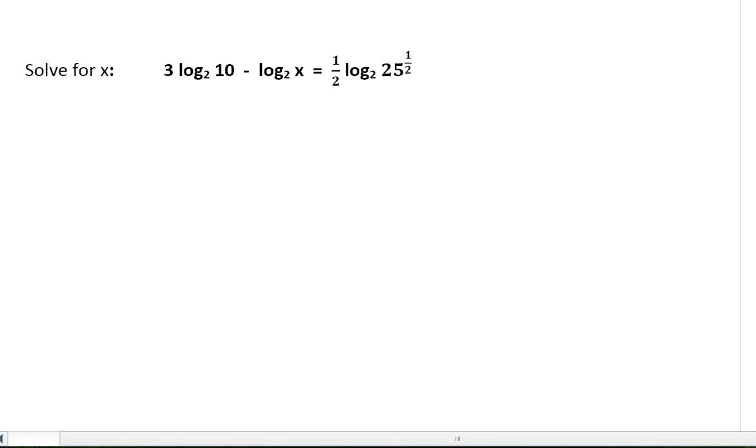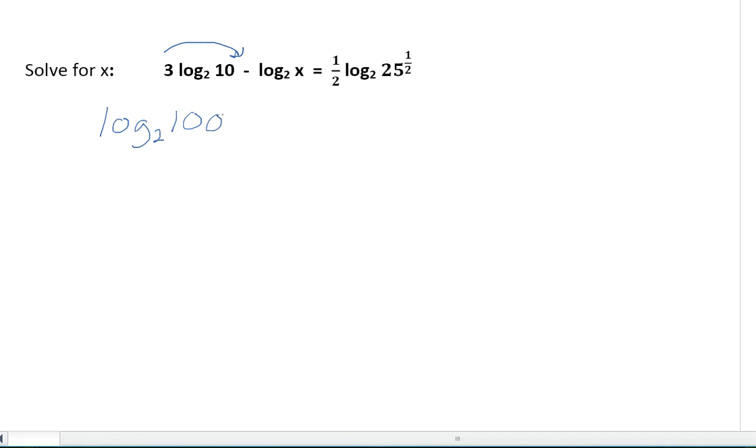All right, in this next example, we have work to do on both sides. We need to write both sides as a single logarithm. So working on this part first, let's take this 3 and bounce it up and make it an exponent on the 10. So I have log base 2, 10 to the third would be 1,000.